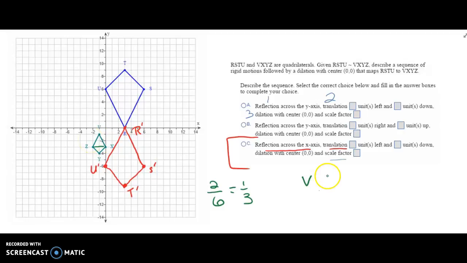So V, my coordinate right now is -1, -1. When I multiply that, I'm going to get -3, -3. X, right now, I am at 0, -3. When I multiply that, I'm going to get 0, -9.